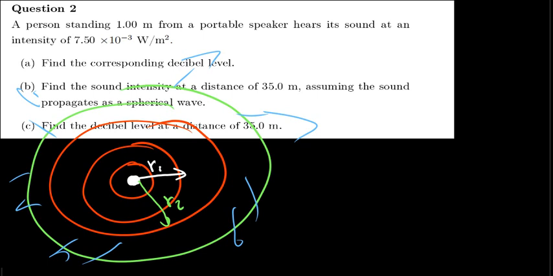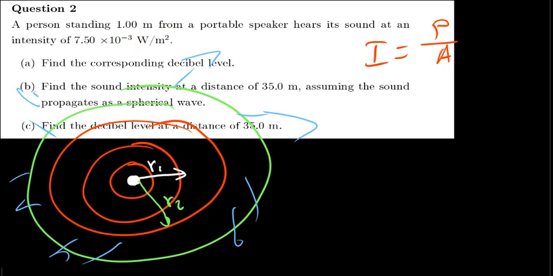Now one thing we have to know is that intensity is given by the power divided by the area. The SI unit for intensity is watts per square meter.